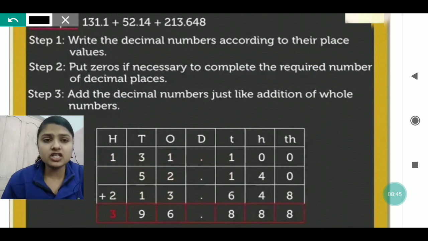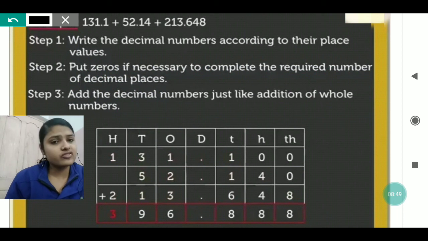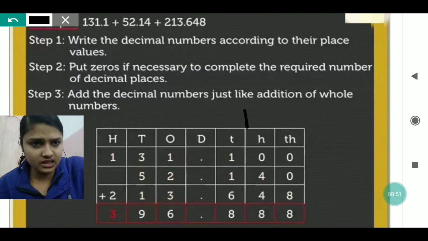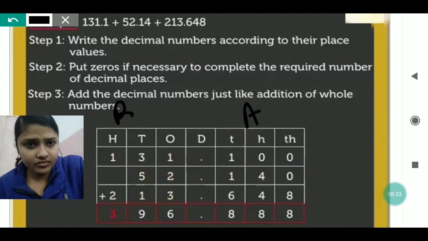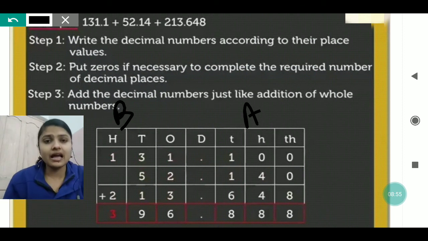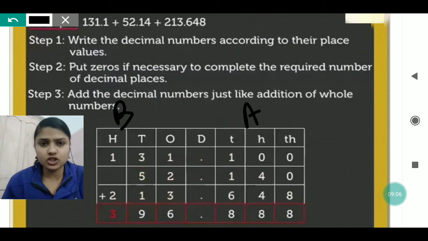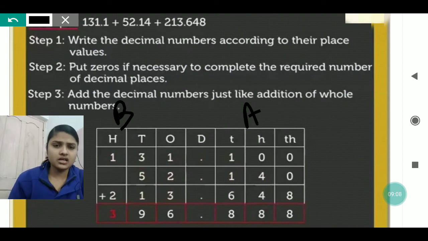So upside you will mention ones, tens, hundreds, like this the places, and on this side after the decimal, for the numbers you are writing, you will mention tenths, hundredths and thousandths. No need to write the full name, you can write in short also, like O, T, H. In the same way after the decimal you can write T, H, T, H. And that will be clear.